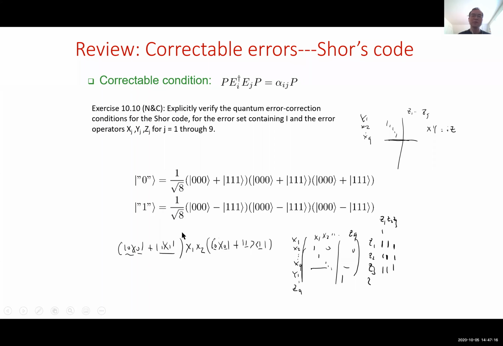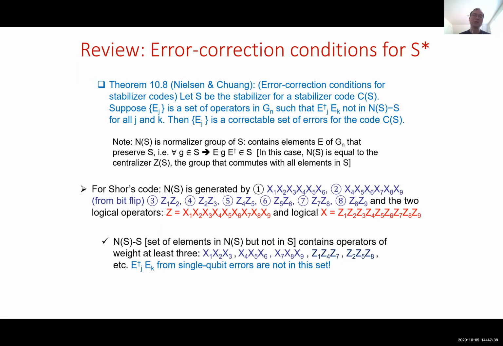I did one example, x1, x2, and showed that they're all 0 or 1. So in some sense, up to the coefficient, it's just proportional to the projector. That's the second way to understand Shor's error correction.